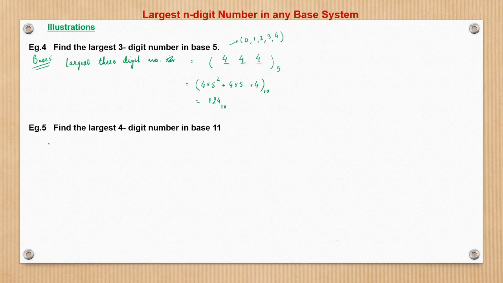Now let's get to question number 5, where we find the largest four-digit number in base 11. So here base is 11. We have to find the largest four-digit number.